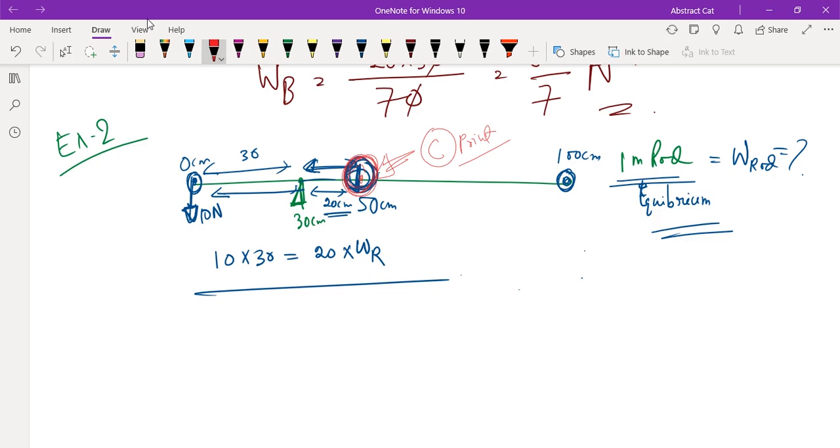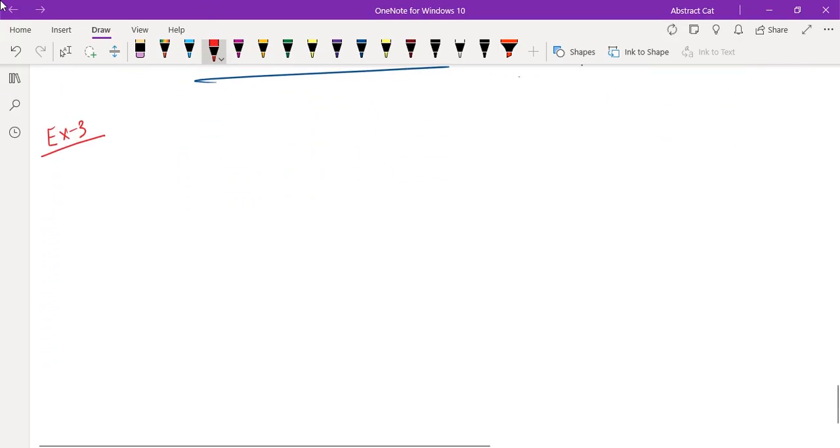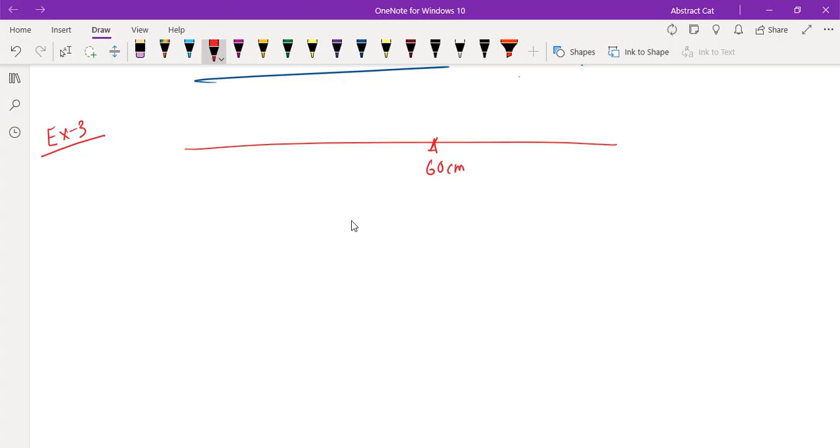Okay, important question. Now, another problem, example number 3, almost similar to example 2. Suppose here the rule, consider a 1 meter rule or 100 centimeter, and the marking point is at 60 centimeter, and a 10 gram mass is suspended here.